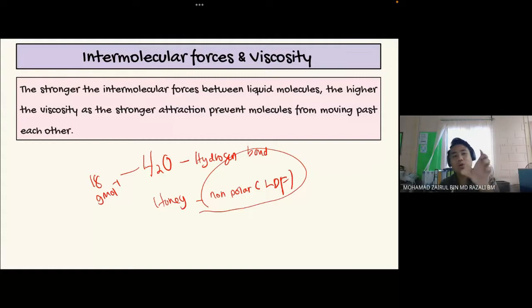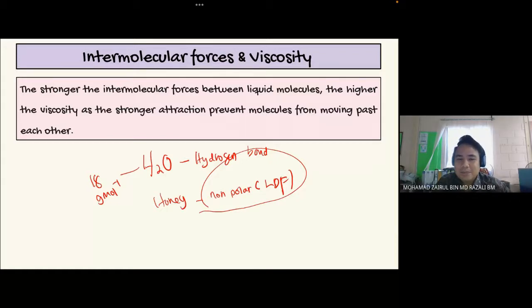So kalau awak tengok molecular weight tu terlalu besar jarak dia, even though yang lagi satu tu yang sikit tu ada hydrogen bond, kita akan ambil faktor yang molecular weight. Itu beza dia. Sebab itulah honey is more viscous. Sebab honey ni made up of compound yang dia punya molecular weight sangat besar. Kalau molecular weight sangat besar, macam saya kata awal-awal tadi, the strength of van der Waals forces pun akan lagi besar. Dan dia boleh mengatasi the strength of hydrogen bond dalam water. Lepas tu dia lagi viscous. Okay, terjawab Hafiz?